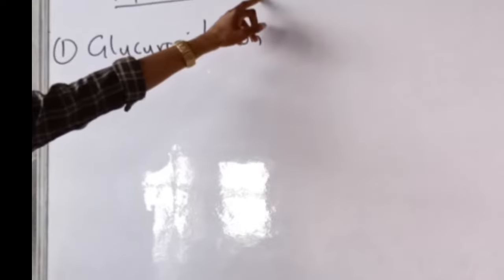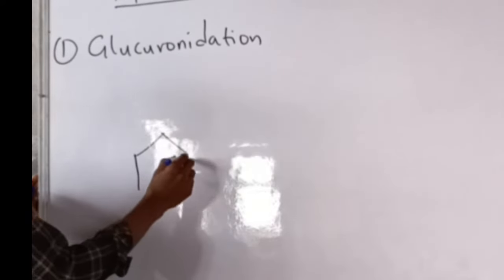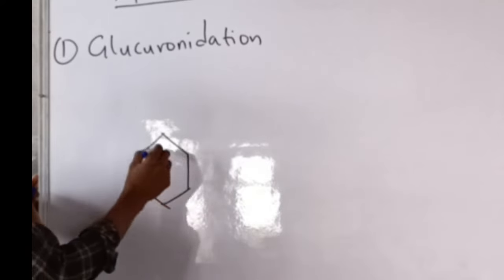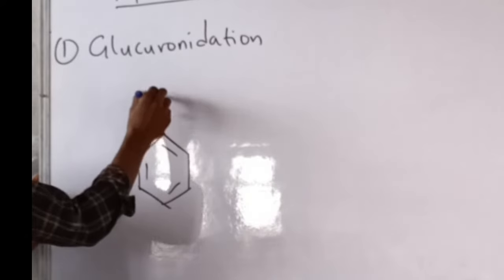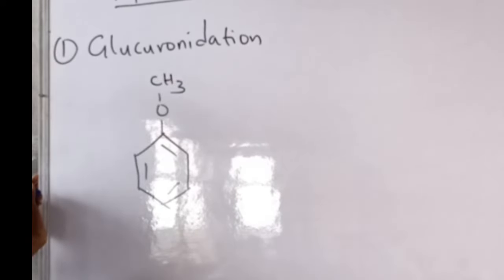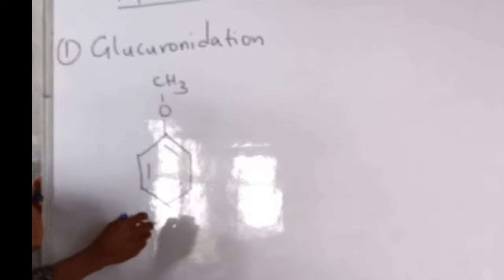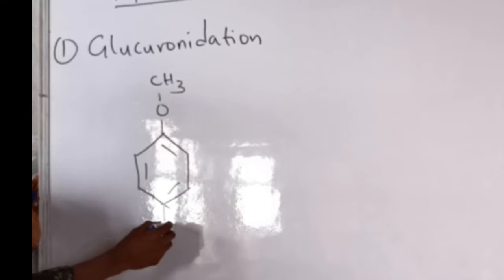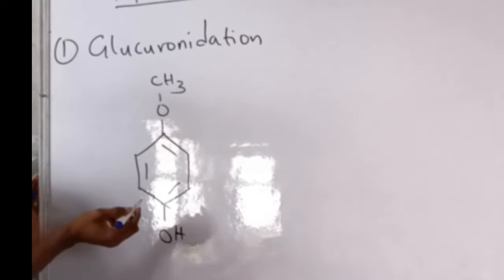First, the structure of anisole. You have your benzene ring. Then you have an O-methyl group. Yes. Then we said butylated hydroxy, right? Para-hydroxy. Then butylated, meaning we are adding a butyl group, right?